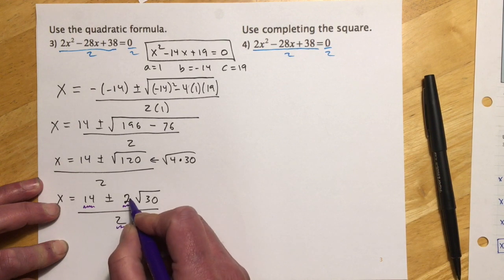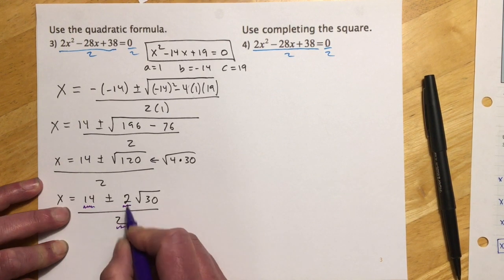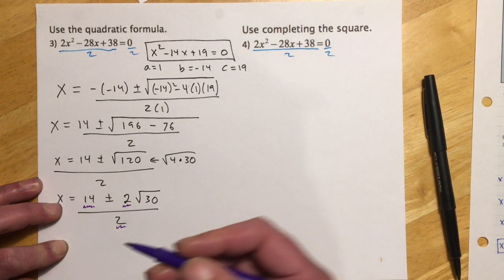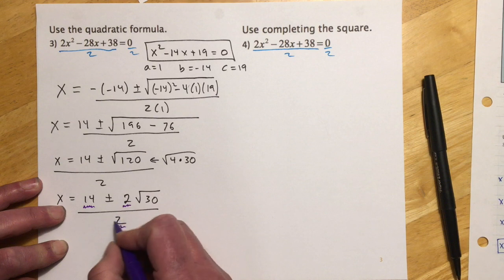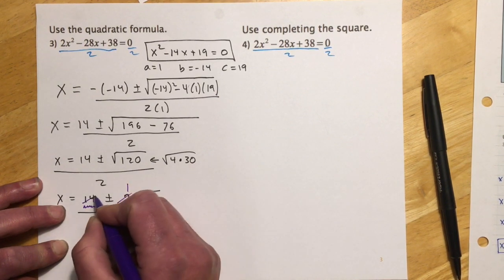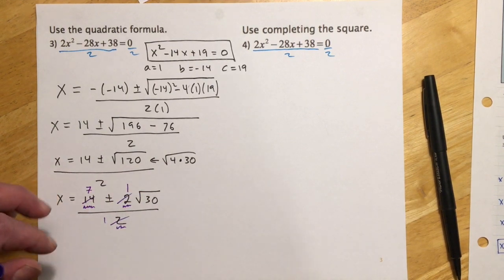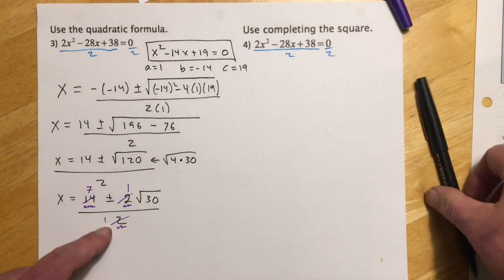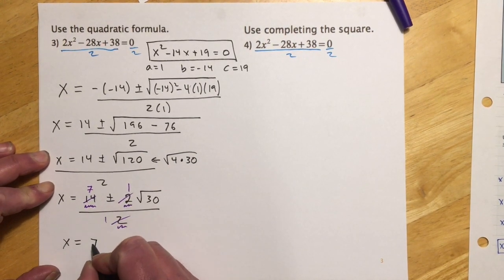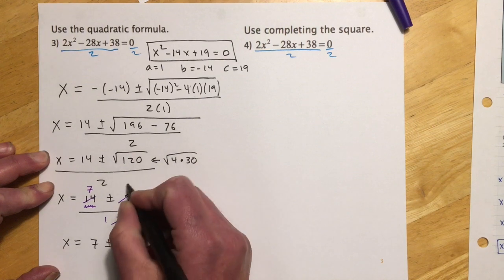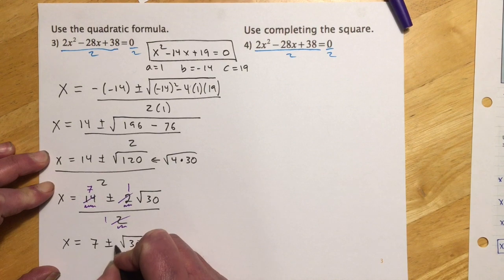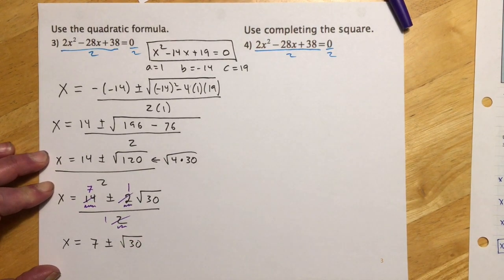But the coefficient of that, if all of these 3 have something in common, that means your fraction needs to be reduced. So in this case, everything is divisible by 2, so I'd go 2 goes into 2 once, 2 goes into 2 once, 2 goes into 14 7 times. And so I won't write this over 1 because that would look silly. So my answer is going to be 7 plus or minus, and then we don't usually write that 1 in front either, so it'll be just root 30, but invisible 1, invisible 1.